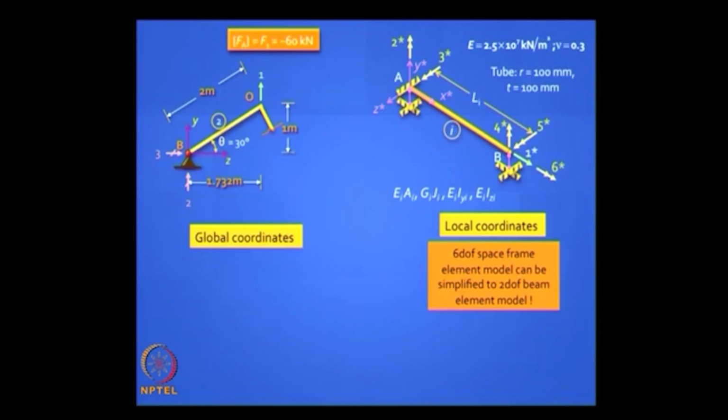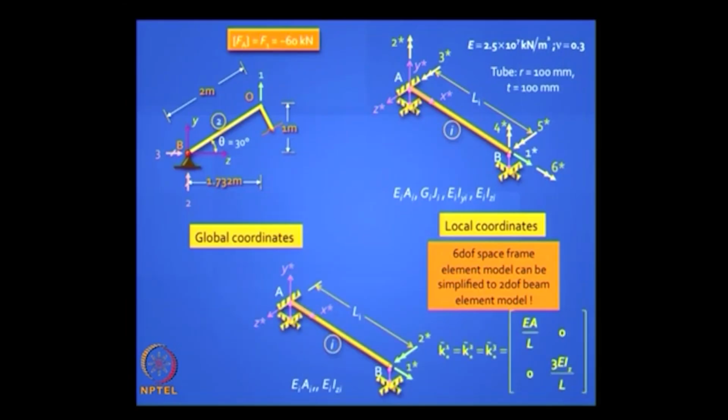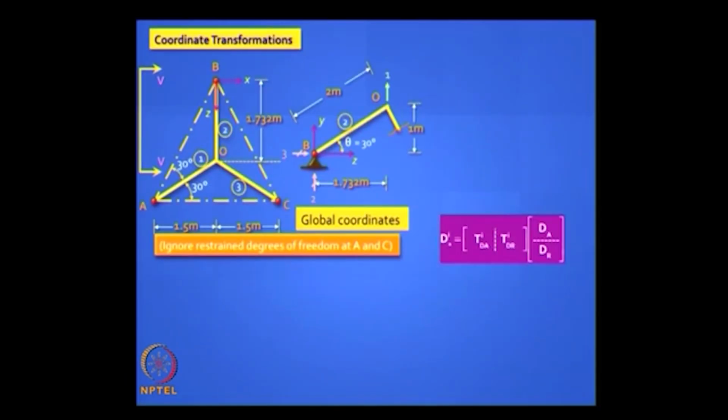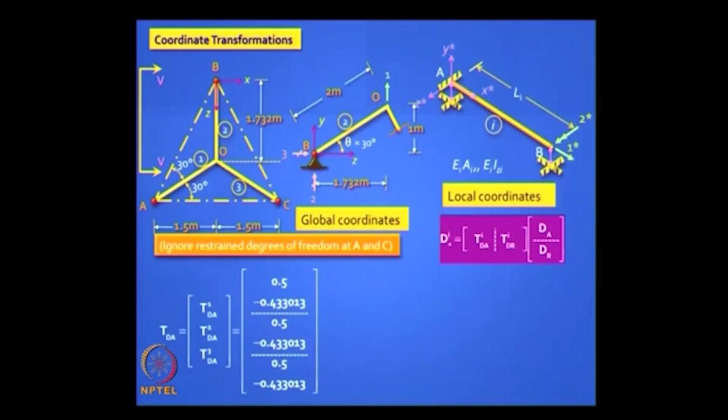So what do we do? This becomes simple. You have just EA by L and 3EI by L cubed, because the bottom is hinged, so you take advantage of the hinge also. So it's a 2 by 2 matrix, not 12 by 12, not 6 by 6. It's easy. You generate those matrices from first principles.